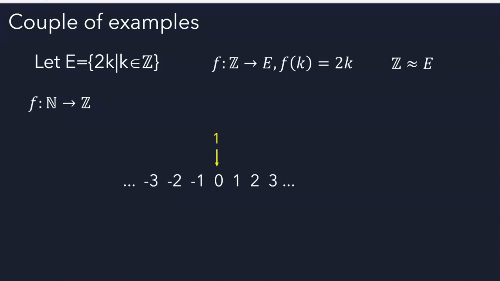Next I have 2 and 3: 2 goes to 1, 3 goes to negative 1. Next I'm going to take 4 to 2 and 5 to negative 2. See the pattern, how I'm bouncing back and forth. I want to do that to make sure I hit every one. So by construction, this mapping is going to be one-to-one and onto. So I've shown that the natural numbers are equivalent to the set of integers.